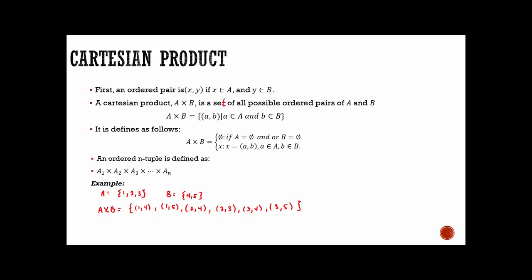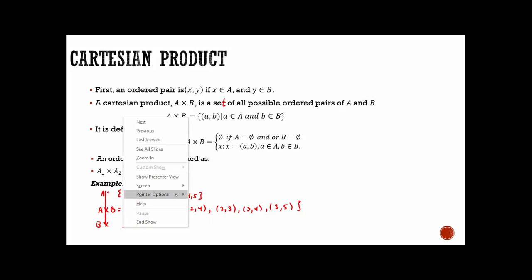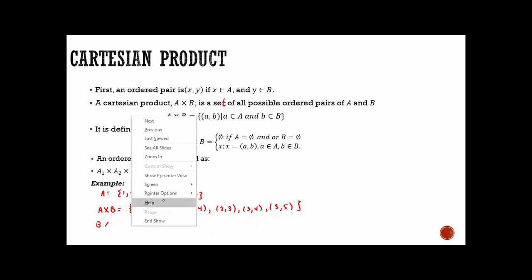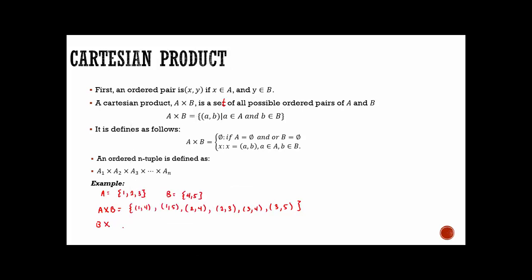The Cartesian product of B and A is going to be different in the sense of the location of those elements. So if we do B cross A, that Cartesian product is going to be equal to 4, 1; 4, 2; 4, 3; 5, 1; 5, 2; and 5, 3.